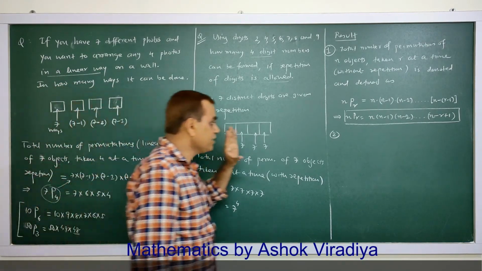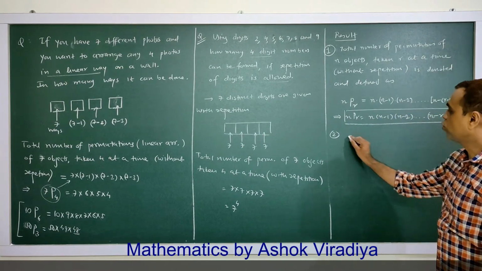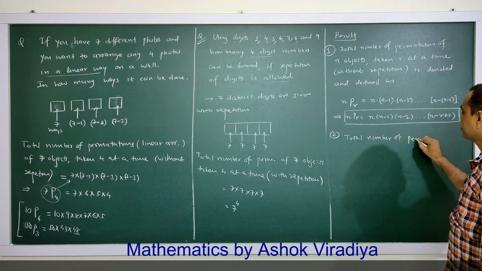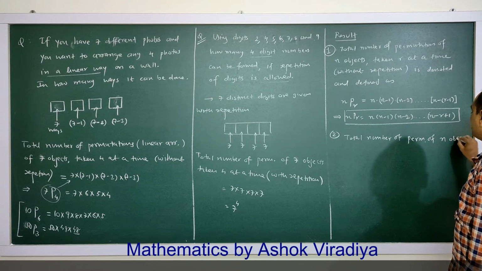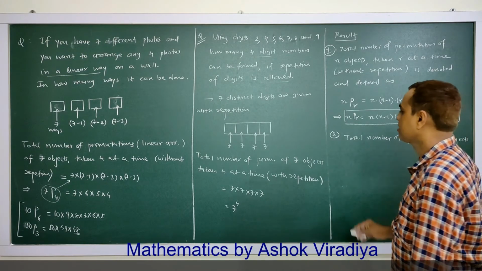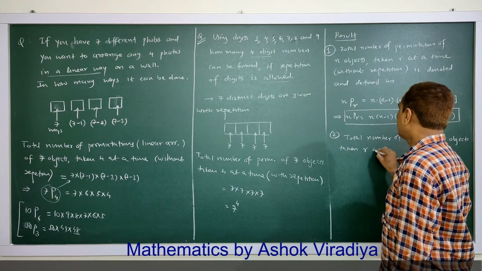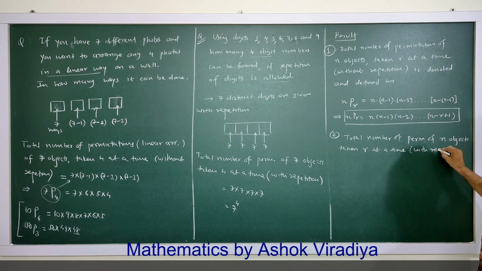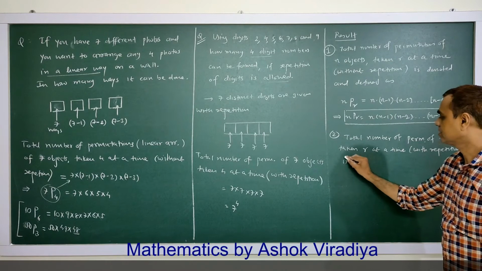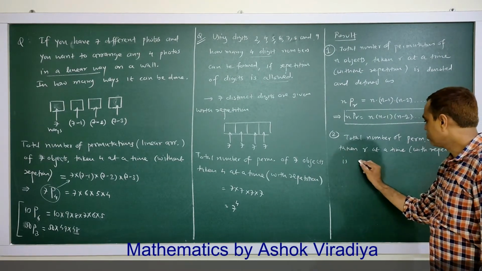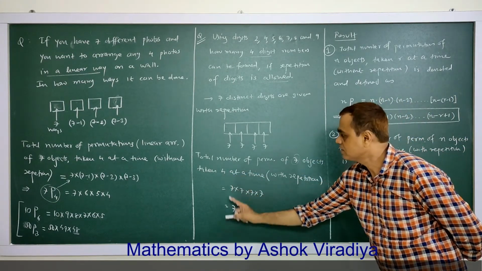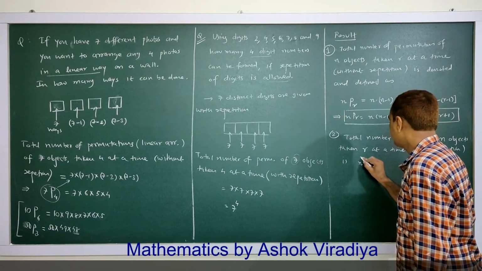Now I am putting this statement in general: total number of permutations of n objects taken r at a time with repetition of objects is equal to, say this was n, this was r, so n raised to r.